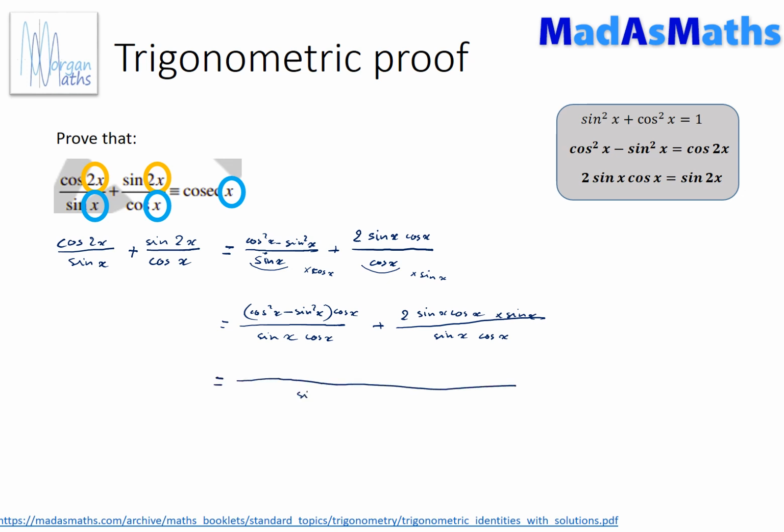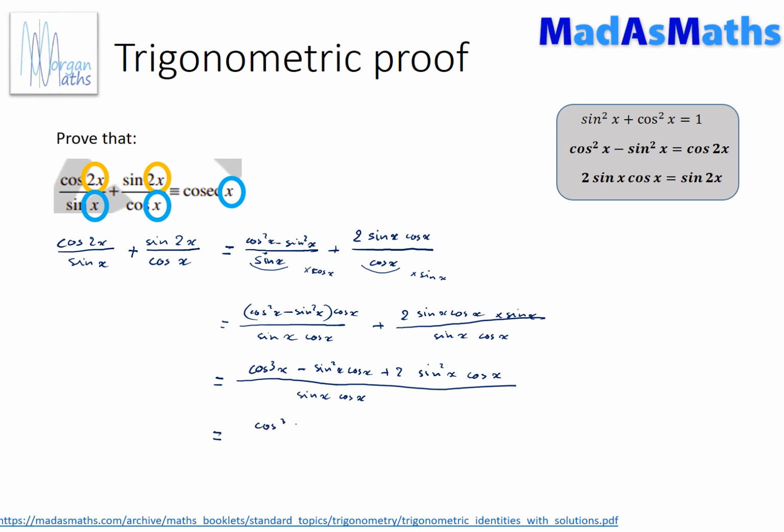Am I nearer to the results? Not really. So I'm going to need to find something else to do. I'm going to merge the two fractions together. So the denominator is sine x cos x. And what do I have? Well, the only thing I can think of is to expand that bracket. So we're going to have cos cubed x minus sine squared x cos x plus 2 sine squared x cos x.